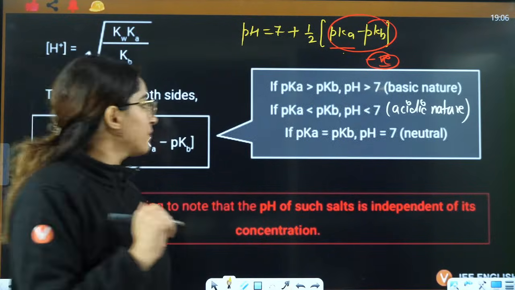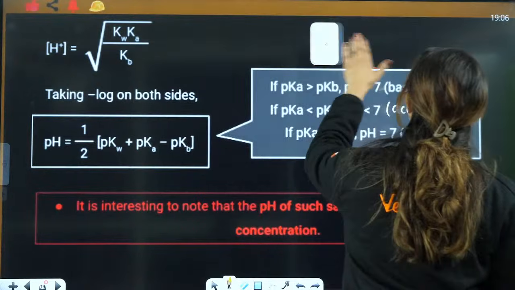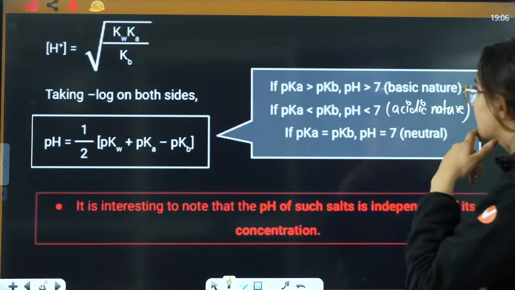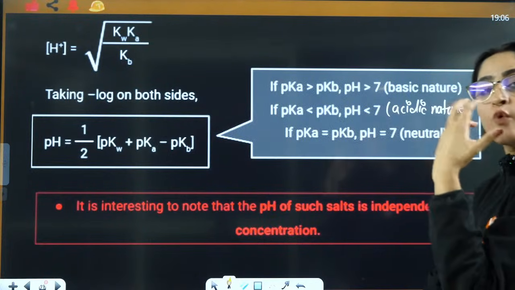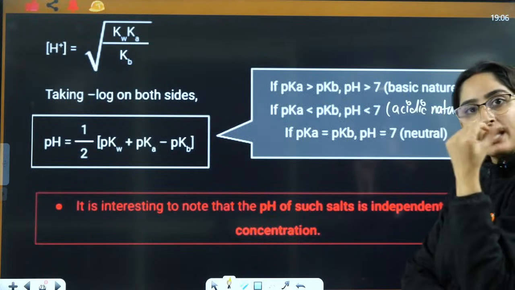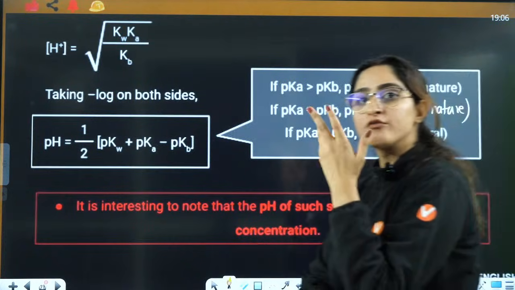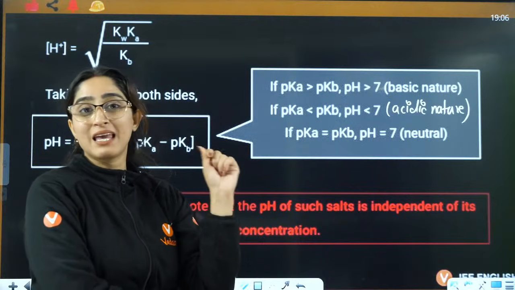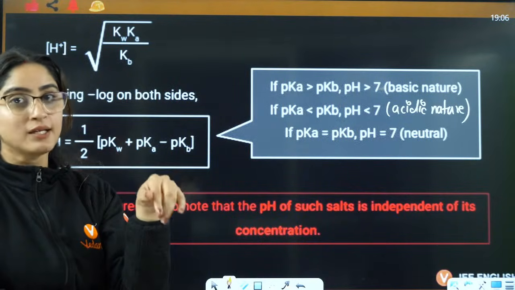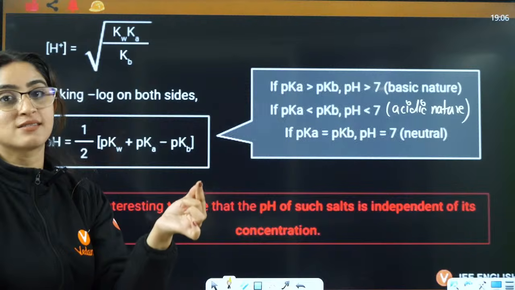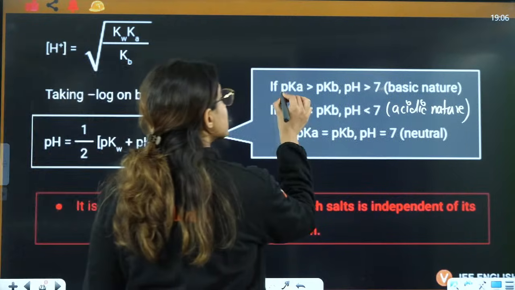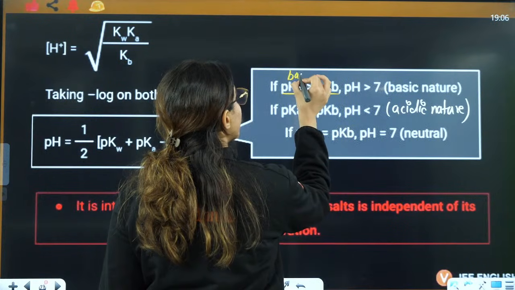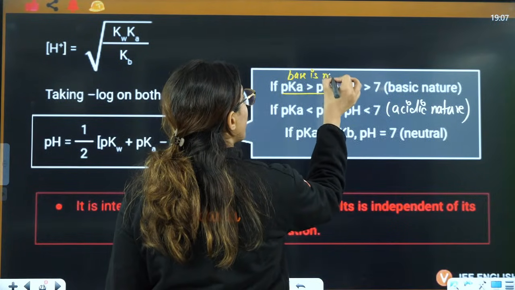Now tell me one more thing. If I say pKa is greater, which is going to be the weaker one, base or acid? Here, if pKa is greater, that means Ka is less. Base is more weak.